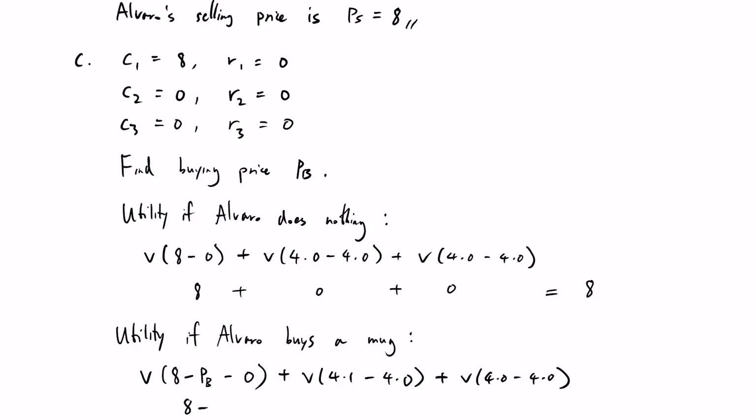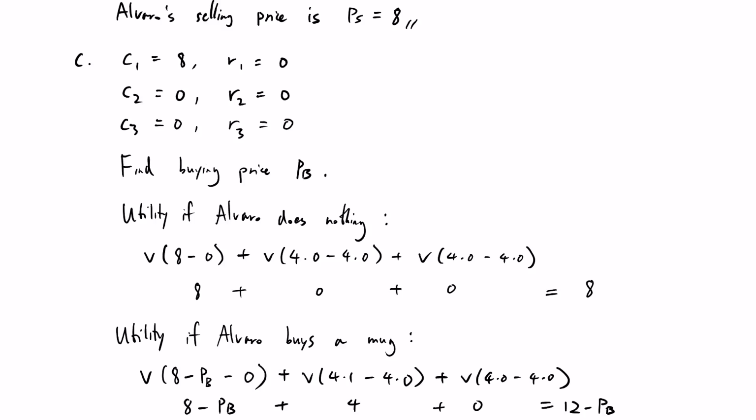So that's 8 minus PB plus 4 plus 0, which is 12 minus PB.